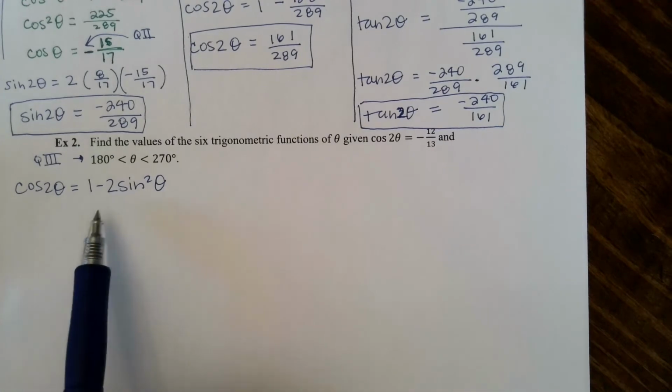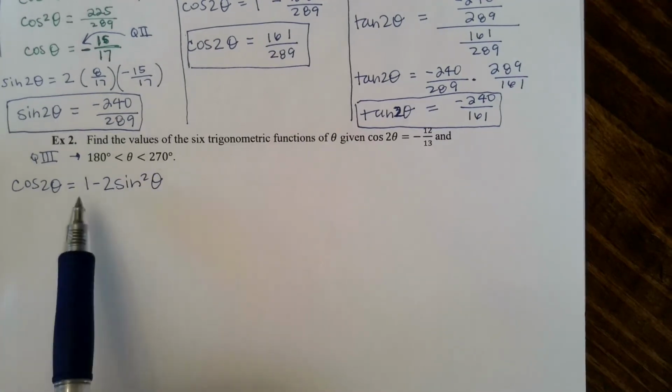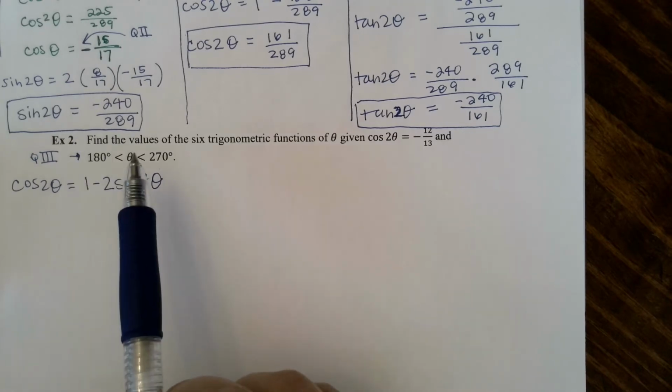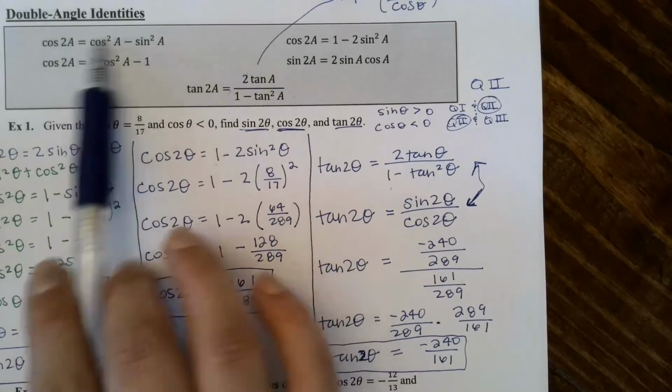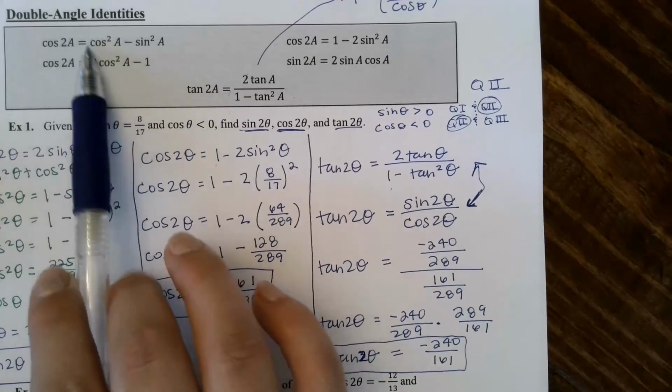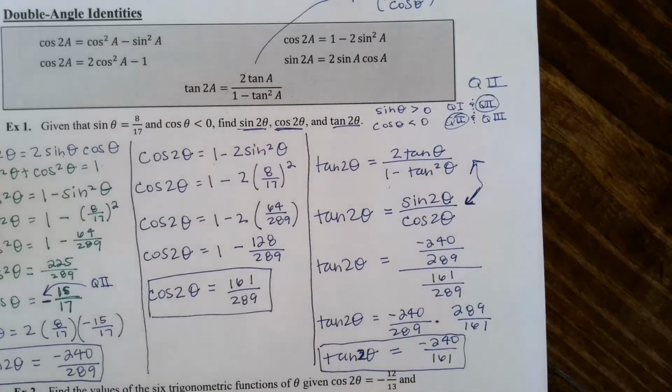We're using this one because we don't know what sine theta is, so we want to use something in it that we don't know already. You could have used this one as well. Actually, no, you can't use this one because you don't know what cosine theta is. You only know what cosine 2 theta is.